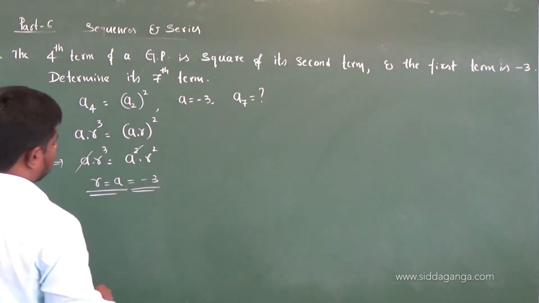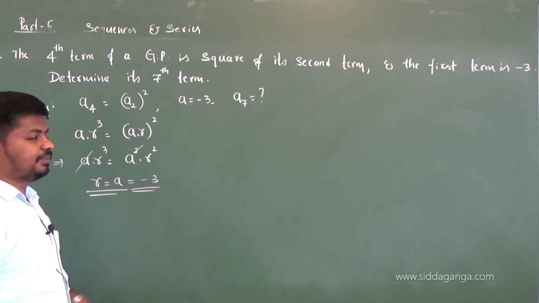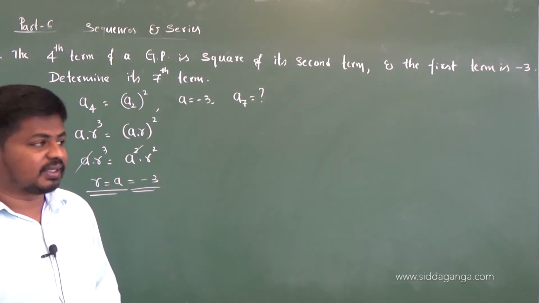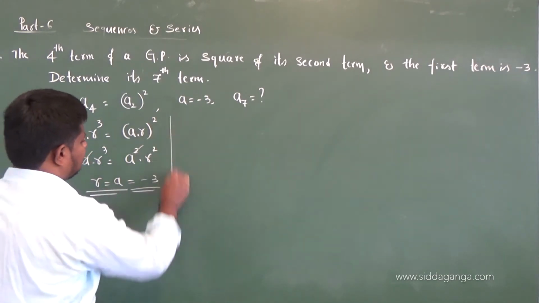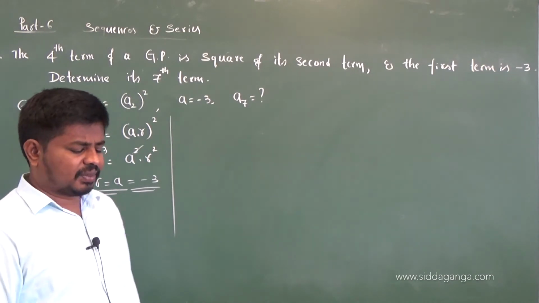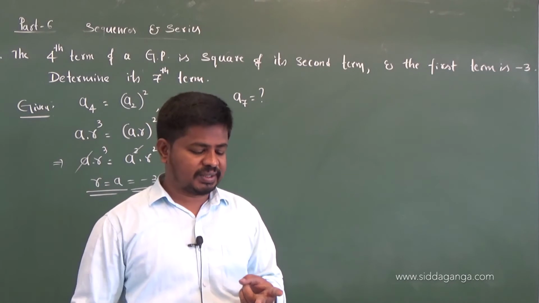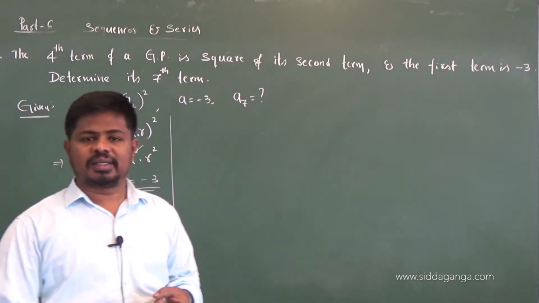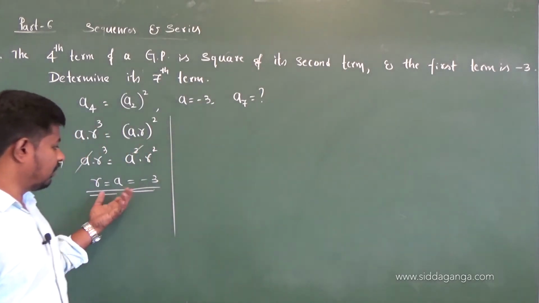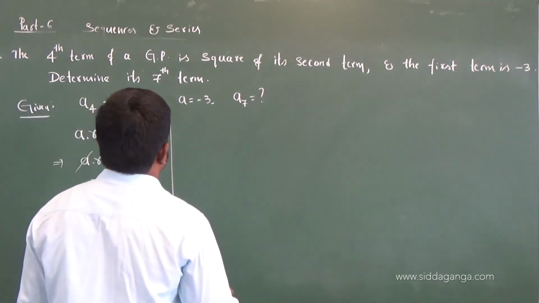So R is also now minus 3. R and A both are equal to minus 3. Yes, as I told you before, to find any term we need two values, one is A and another is R. So both we have got now.